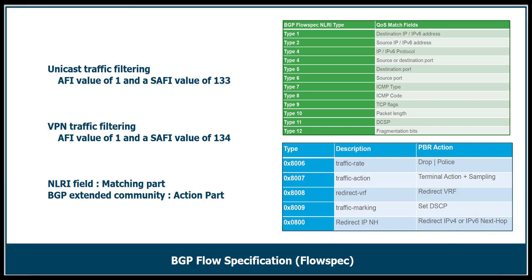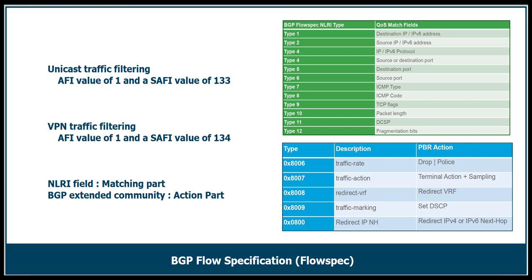As a result, we can say BGP Flowspec, or flow specification, is a feature that provides a way to perform traffic filtering and rate limiting based on specific flow characteristics, such as source and destination IPv4 and IPv6 address, IP protocol, source and destination ports, and more. Flowspec allows network operators to distribute traffic filtering and rate limiting rules across their network using BGP, which can help mitigate the impact of DDoS attacks and other unwanted traffic patterns.